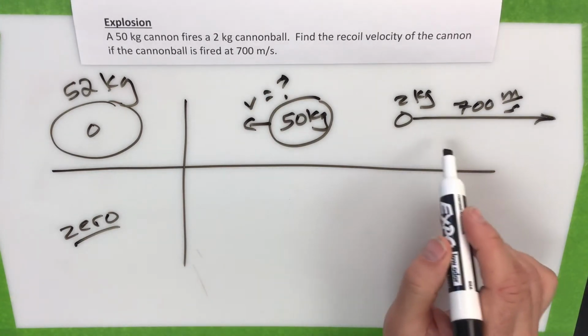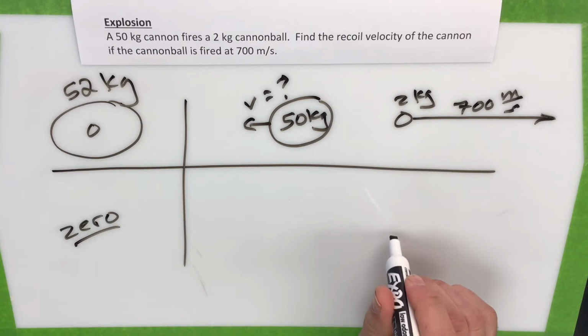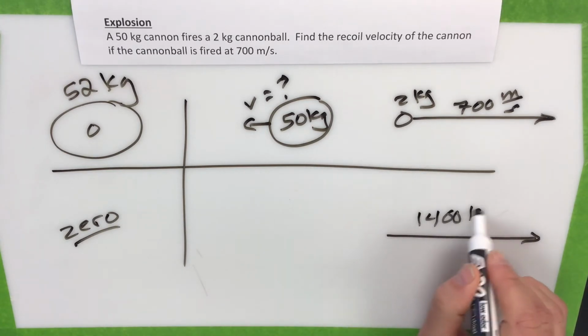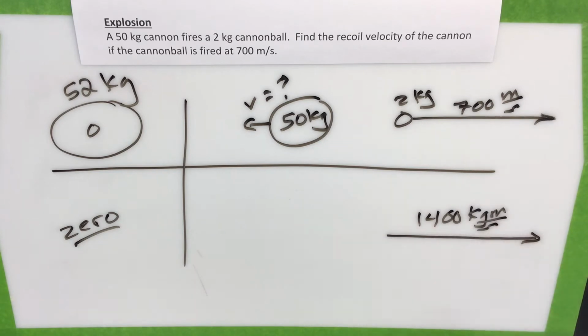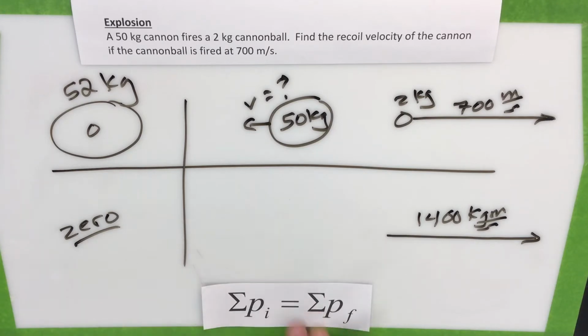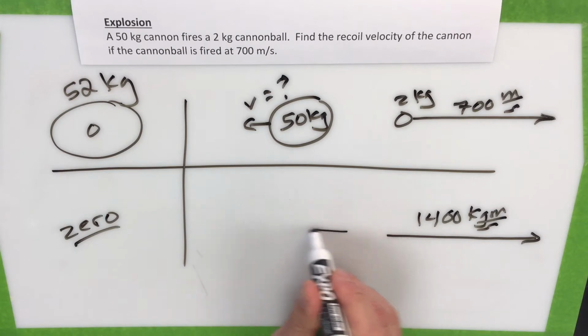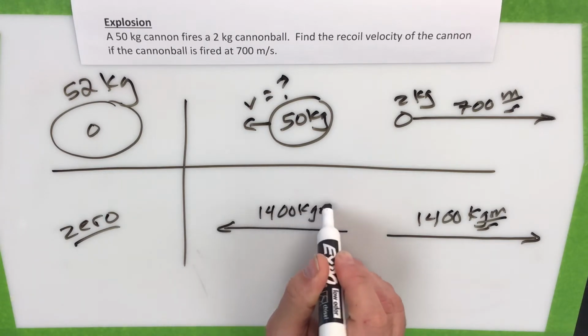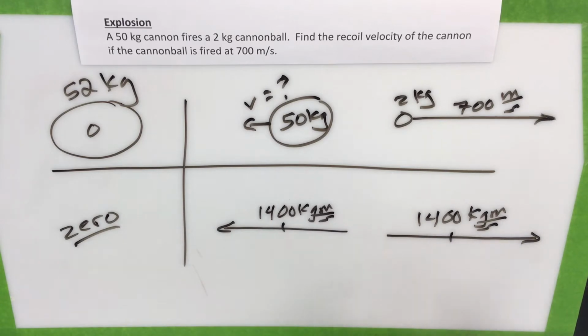Well, the momentum of this object, 2 kilograms times 700, we know that already to be 1400 kilogram meters per second. Now I know this is the principle that the total momentum on this side has to equal, well, 0. So how do I balance a 1400 kilogram meters per second to the right? Well, I make that a 1400 kilogram meters per second to the left. I could use my little geometry slashes to say that those two are exactly the same size.